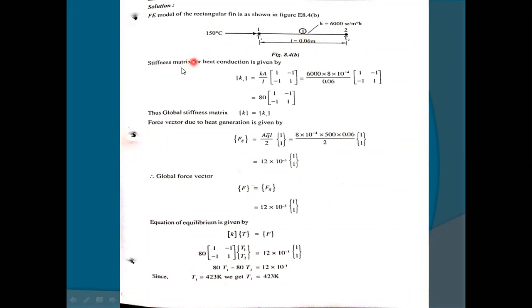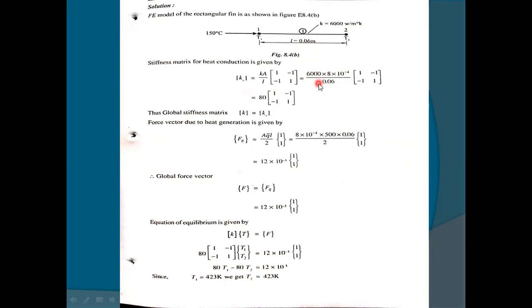Now we calculate the stiffness matrix for heat conduction. The formula is KA by L, matrix 1 minus 1, minus 1 1. A is given in the question, we have calculated the area, L is given in the question. If you multiply, we get the stiffness matrix for conduction. Next, the stiffness matrix for convection is 0, no need of calculating.